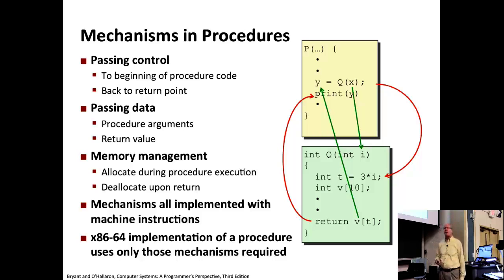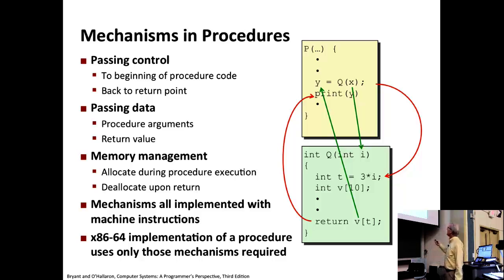Second, there's data. How do we get operands to it? So in this particular case, Q is a function that takes a single argument that it calls internally I. And up here where P is calling it, it's passing some value within P called X. So somehow that data value of X has to be recorded in a form that within Q it will have access to that information.